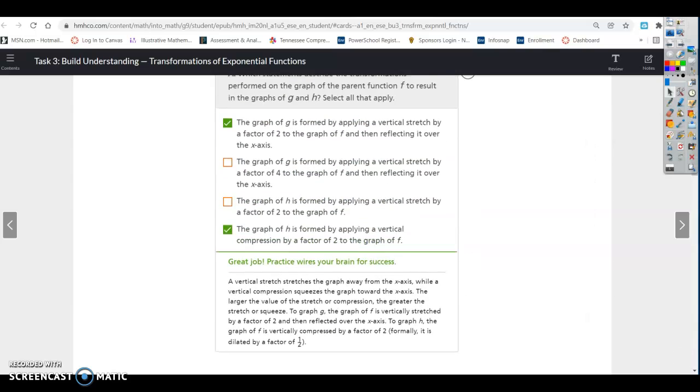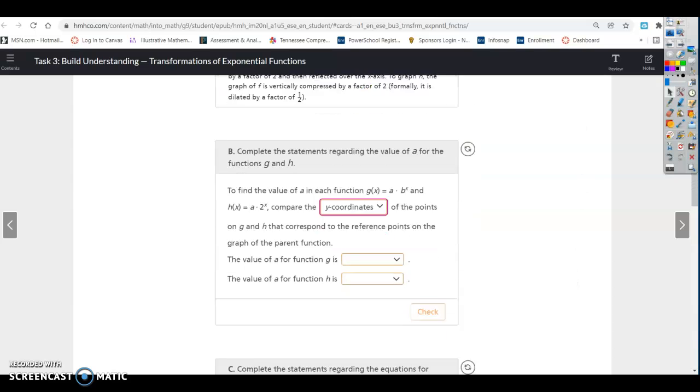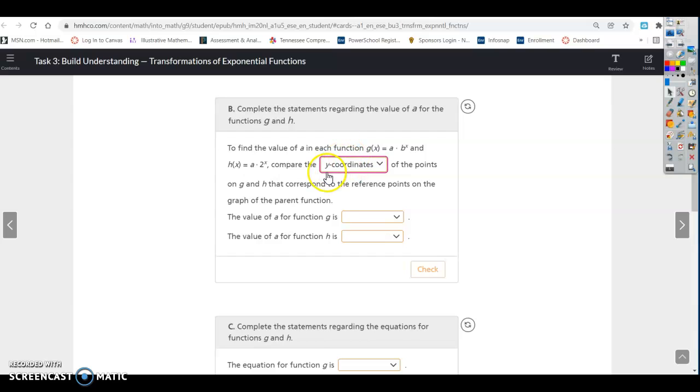So when I was looking at the graphs, I was looking at the y values. So the 0.5 and the -2 is what tells me that. That comes from your y value. Remember, every ordered pair is x comma y.